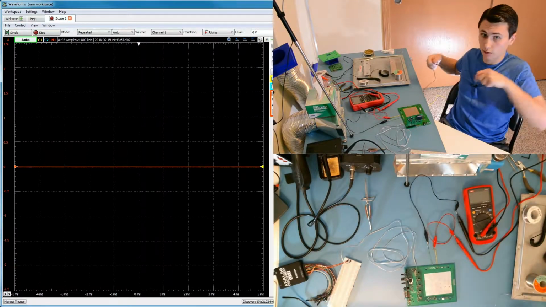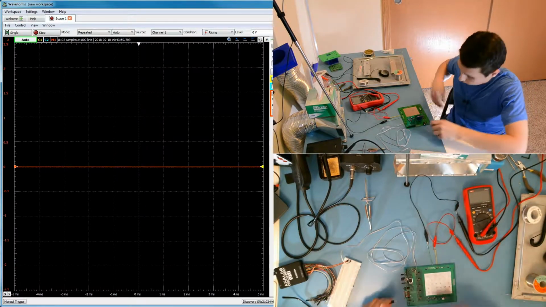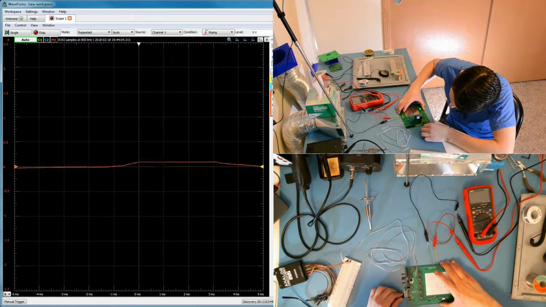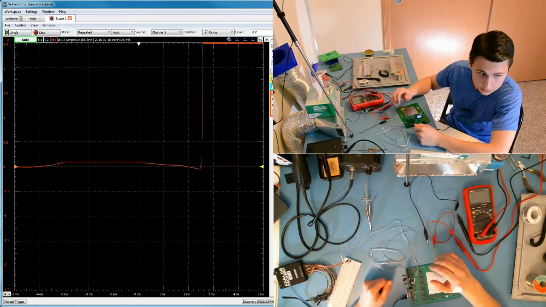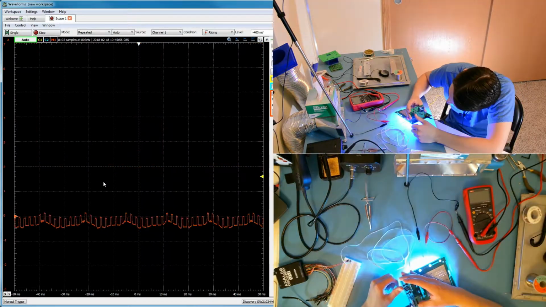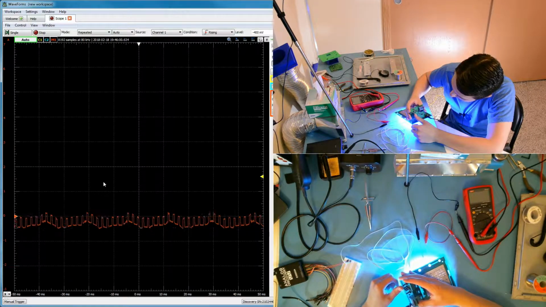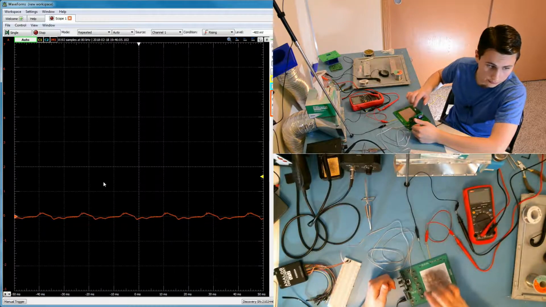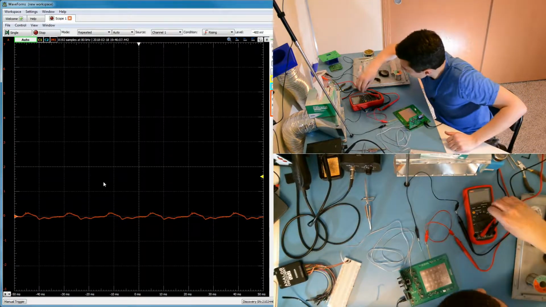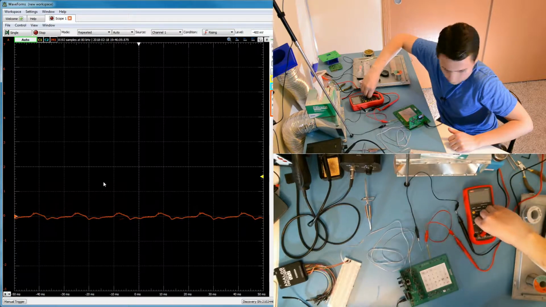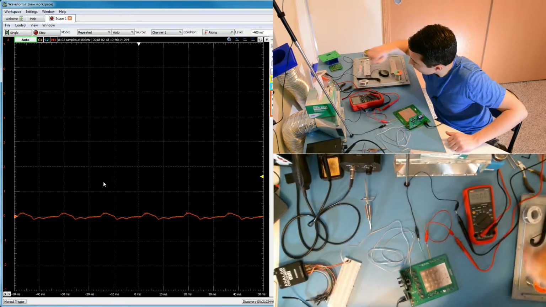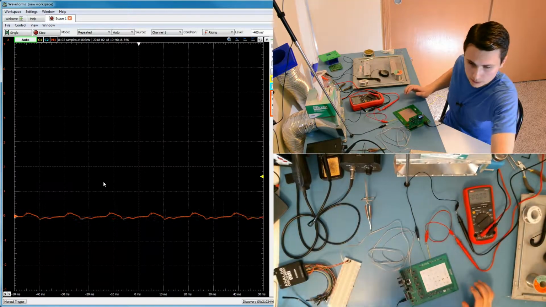Step 1 here will be to take our voltage and plug it into the plant light. So far, so good. There we go. We have turned off all the LED channels. Set to milliamps.